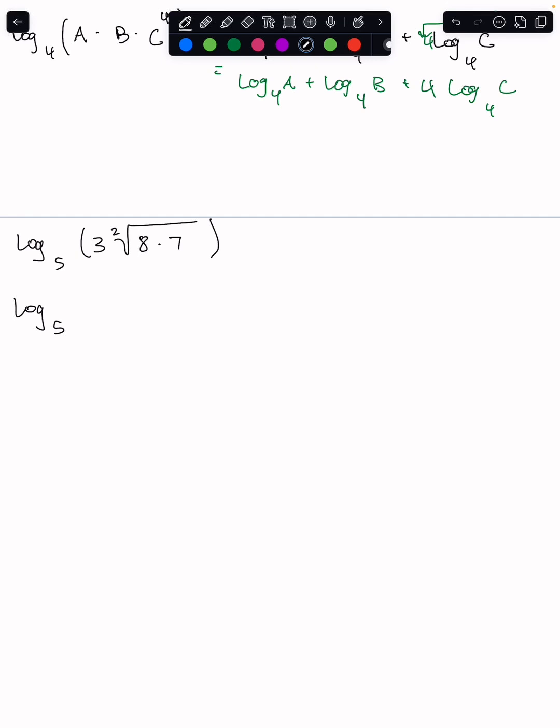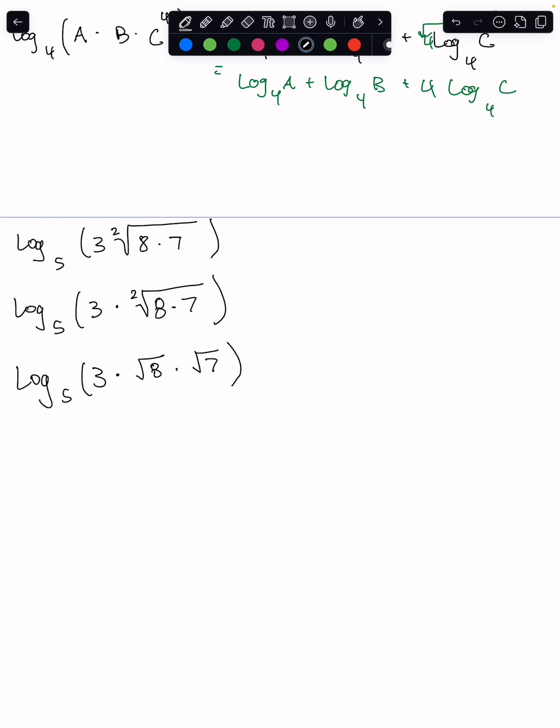So this becomes log of 5. And then in here, I got 3 times the square root, that's a 2 there, 8 times 7. Well, I can rewrite both of those as the square root of 8 times the square root of 7.